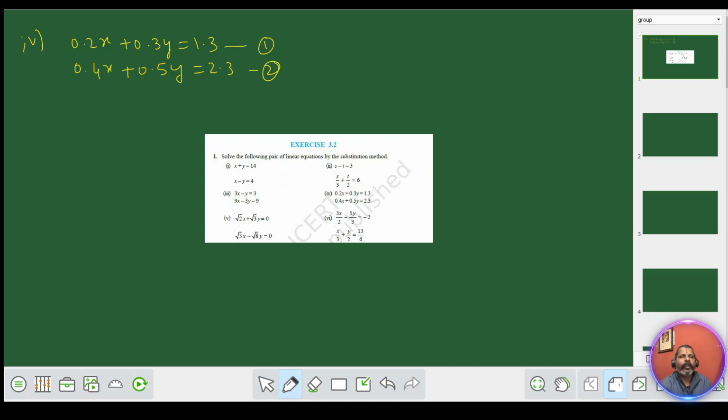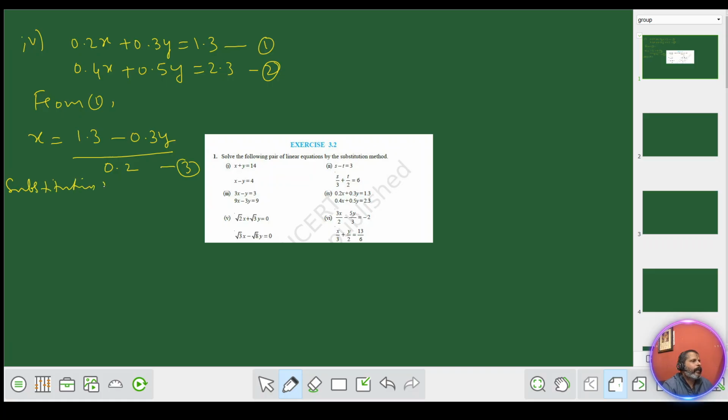I call these 1 and 2. Then from 1 I'll solve for x. From 1, x equal to (1.3 minus 0.3y) by 0.2. Clear? I call this 3. Now we substitute this in 2.